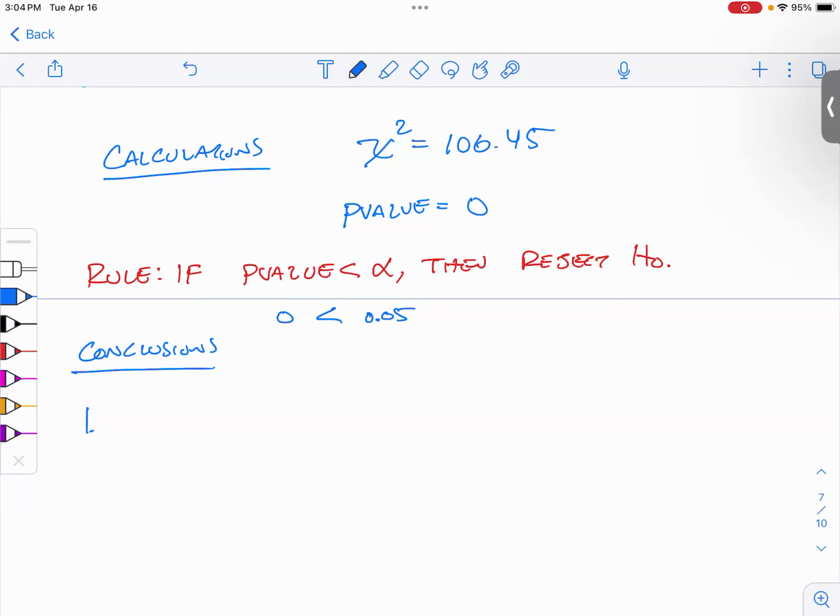All right, always write the rule, right? If you need the rule, always write the rule. But this is the lowest value it can be, right? If P is low, the H0 must go, right?